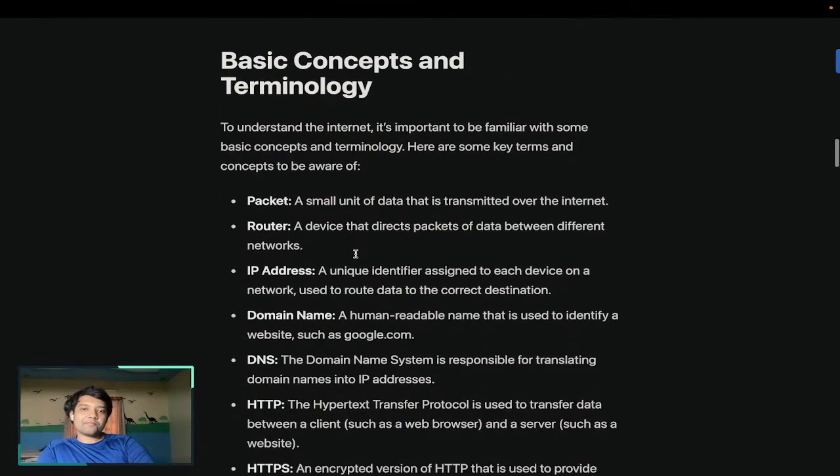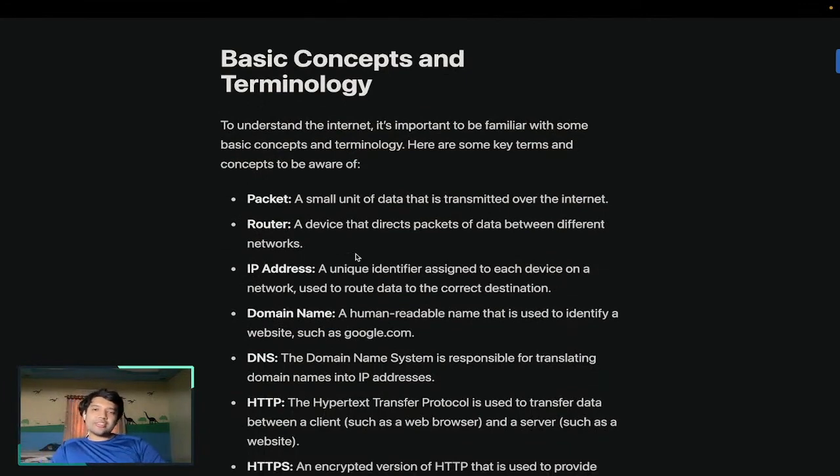And I think these topics are taught in computer science courses, but sometimes I also blame myself because I wasn't that focused.